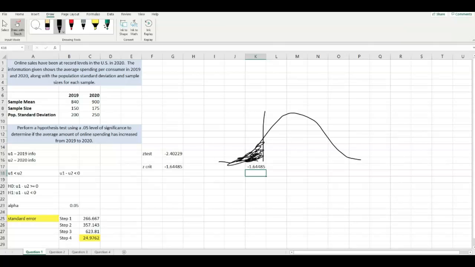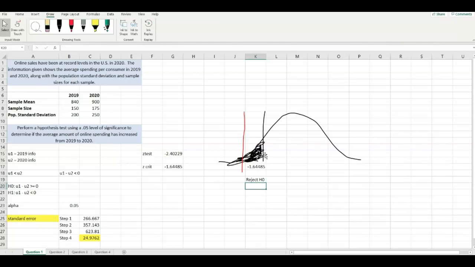So anything over to this side that I'm shading in is the rejection zone, which means that if our test statistic falls within that rejection zone, we are going to reject our null hypothesis. Well, we see that our test statistic is negative 2.4, which does fall in our rejection zone. So we are going to say that we will reject our null hypothesis.